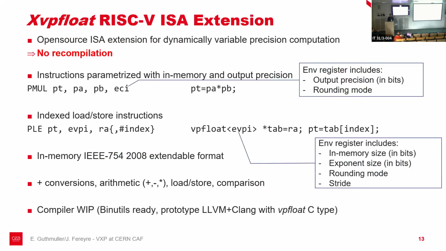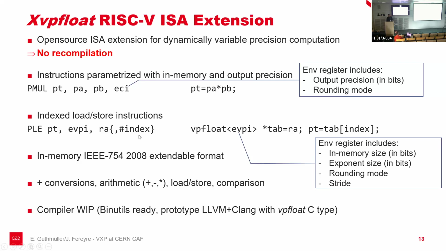So we propose new instructions that are parameterized with another register file, providing the output precision and also the rounding mode. For memory accesses, for example, we store in this parameter the in-memory size, the exponent size, the rounding mode, and the stride for the indexed access.